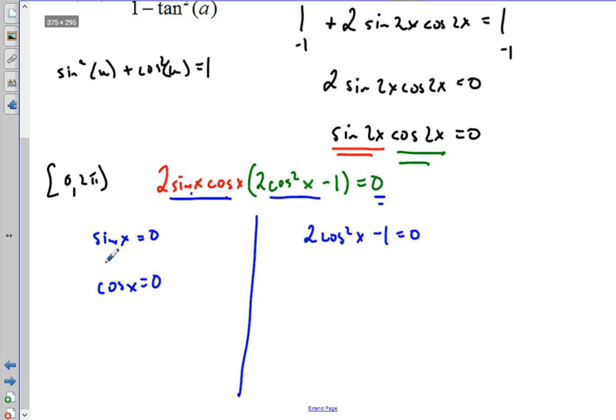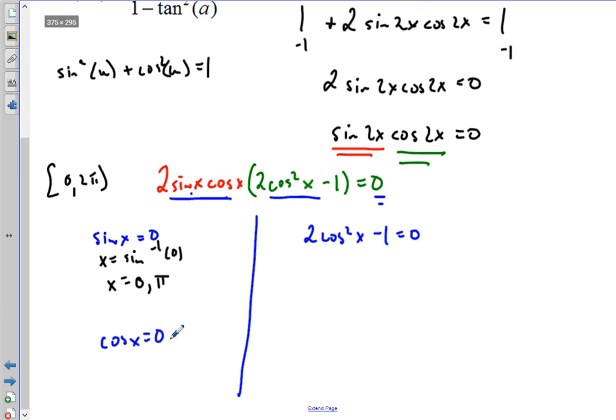When we solve for this one, x is going to be the inverse sine of 0. And so I have an answer right here for when sine x is 0. That's going to be at 0 and pi. For cosine, when we solve this one, we take the inverse cosine of 0. That's going to be pi over 2 and 3 pi over 2. So we have those values there.